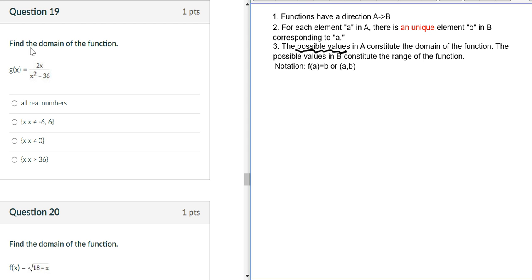Now, let's find the domain of the functions. Here we have g of x equals 2 times x over x squared minus 36. We know zero cannot be on the denominator.